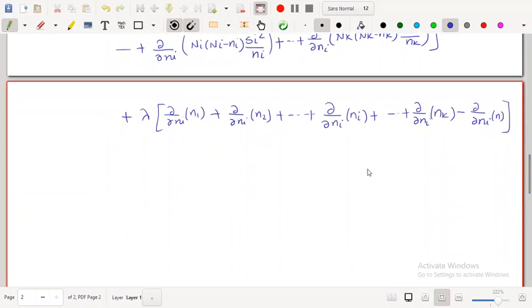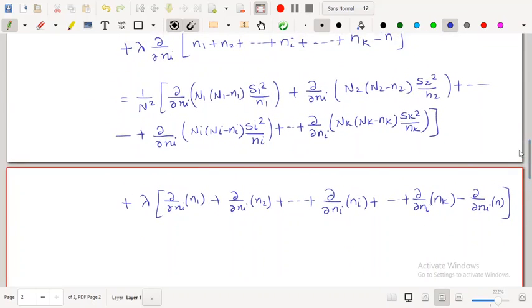Now look at here. Here, derivative with respect to ni, there is no ni, so this quantity is constant with respect to this derivative. So the first term will become 0, because the derivative of a constant is 0.